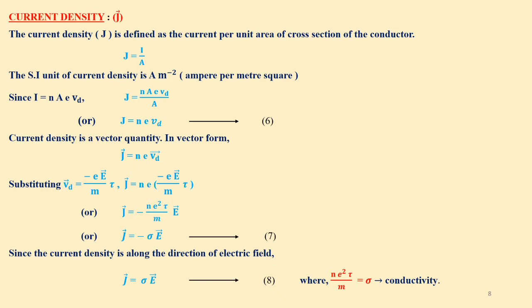This is equation 7. We have substituted for sigma equal to n e square tau by m.